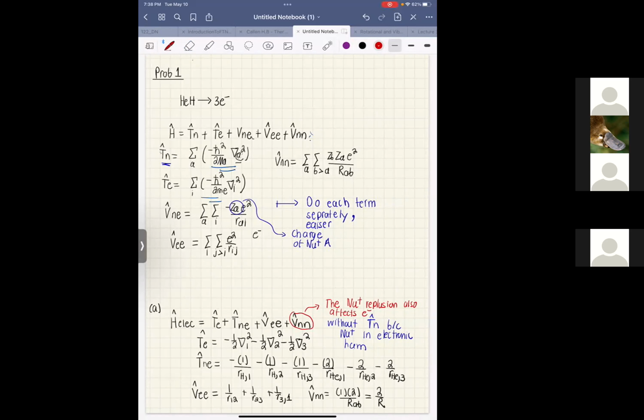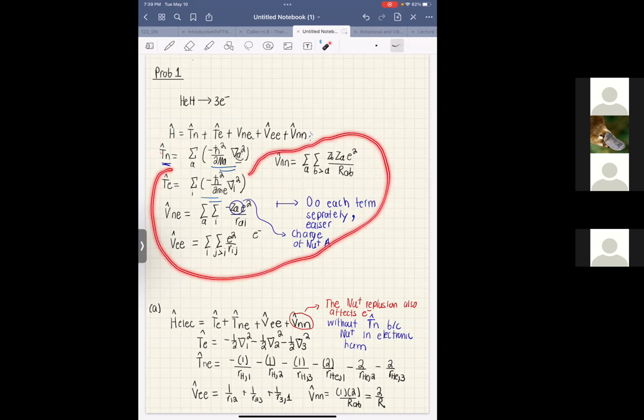So the kinetic energy of the nuclei will be left out, because an electronic Hamiltonian makes the nuclei frozen in space relative to the electrons, because electrons are moving really fast. And so we can use this equation with these parts, aside from the kinetic energy of the nuclei.